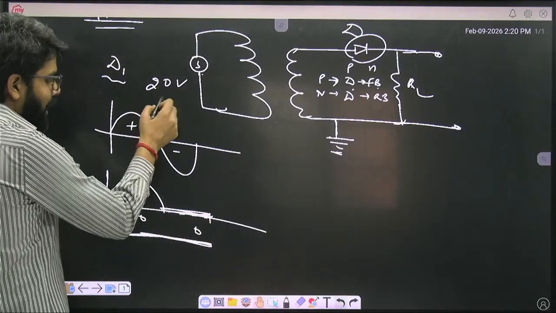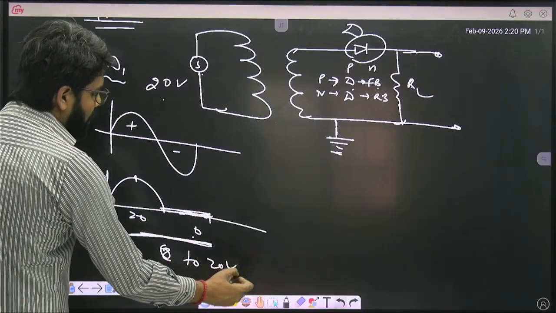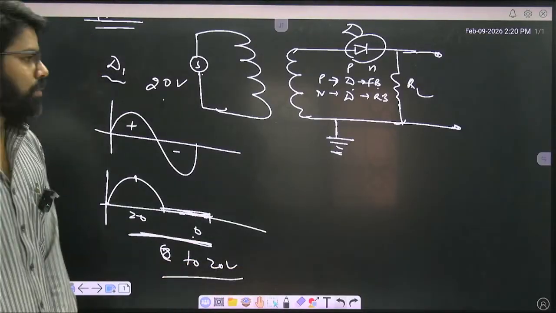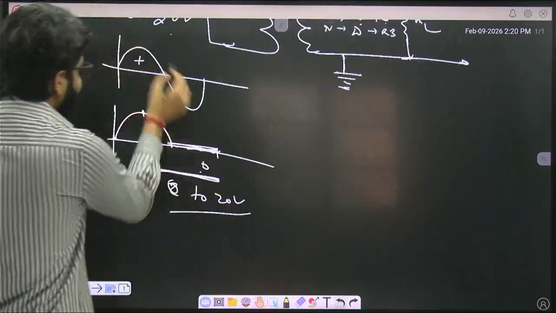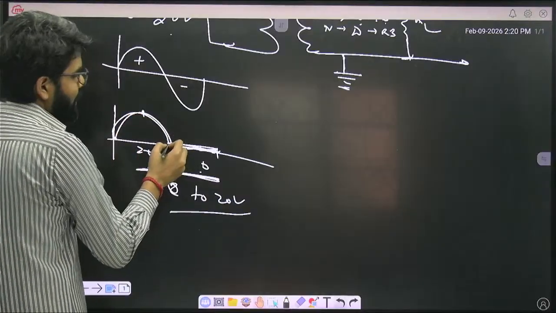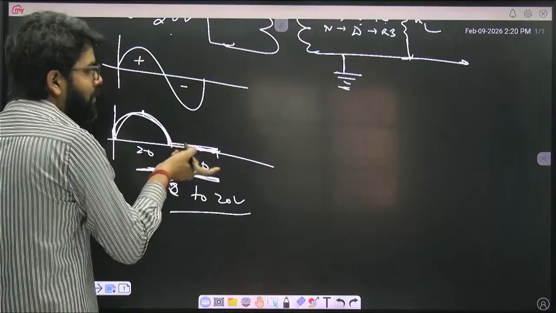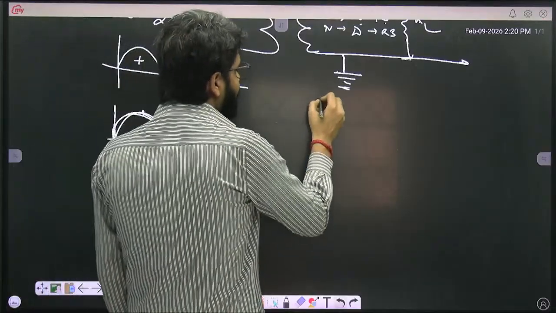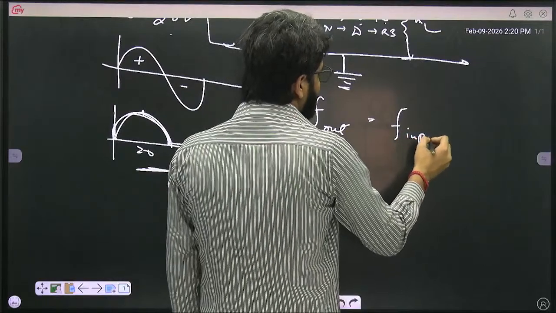That is why the voltage range will be 0 to 20 volt, not just 20 volt. So this is called the half wave rectifier. In one cycle of AC, one cycle of DC is produced. That is why the frequency of output is equal to the frequency of input.